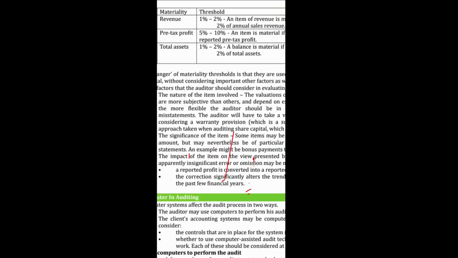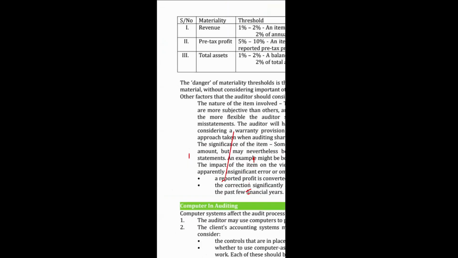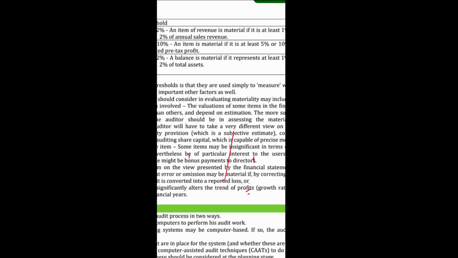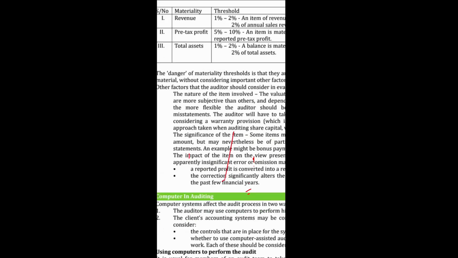So in determining your materiality, other things that the auditor will also need to consider will be the nature of the item involved.